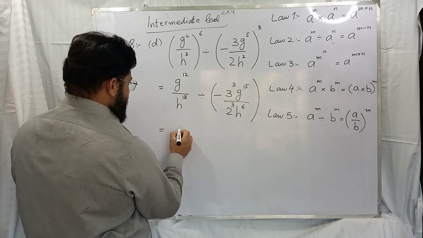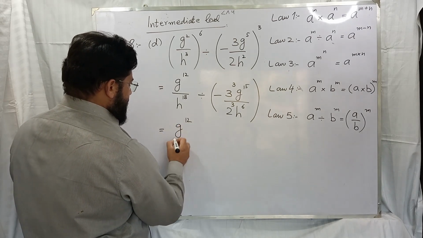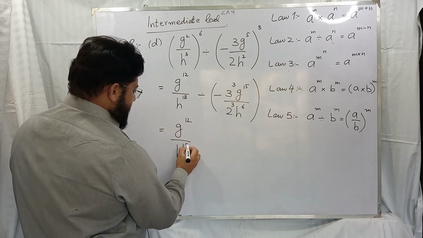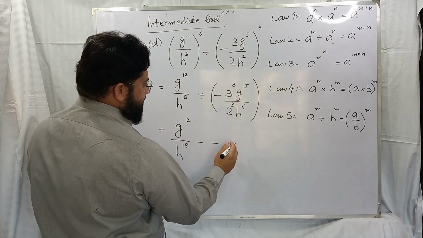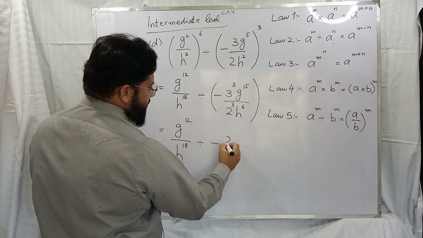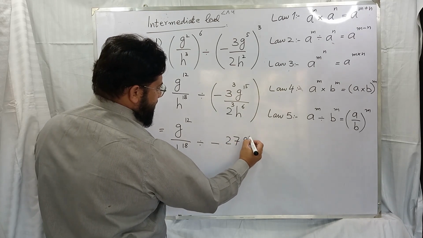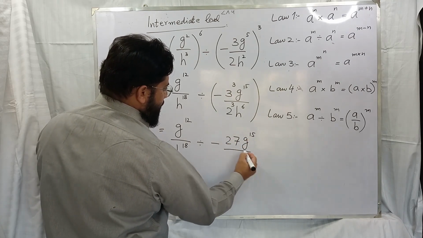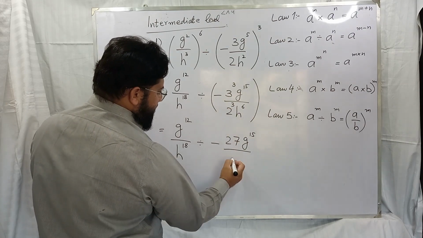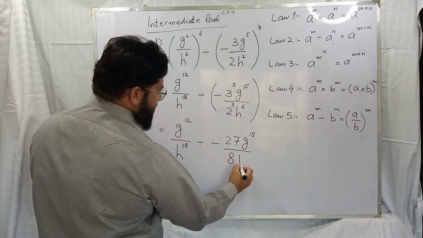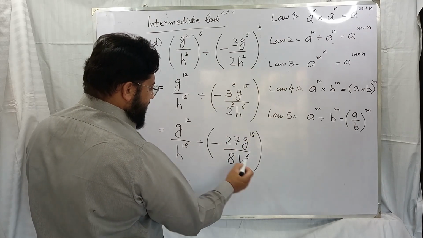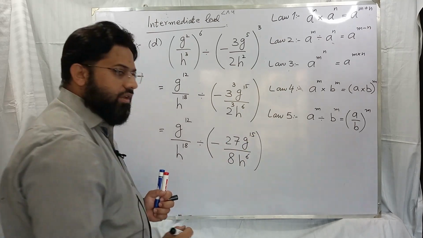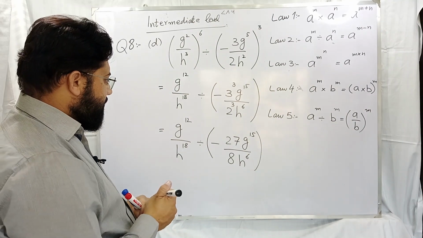Next, g 12 over h 18 divided by minus 3 cube means 27, g 15 over 2 cube means 8, h 6. Keep it in bracket because we have a negative sign. We are not allowed to write two operations close to each other.